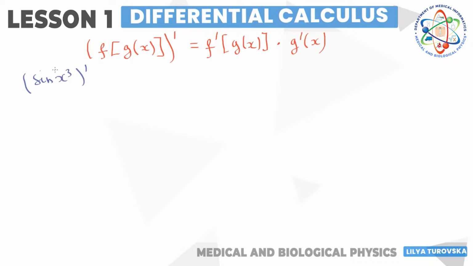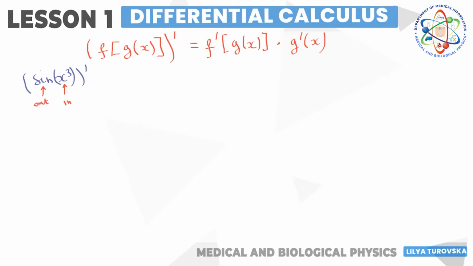It consists of two functions, sine and the function x cubed. Actually, we can put parentheses here to see that x cubed is the function inside, and sine is the outside function.